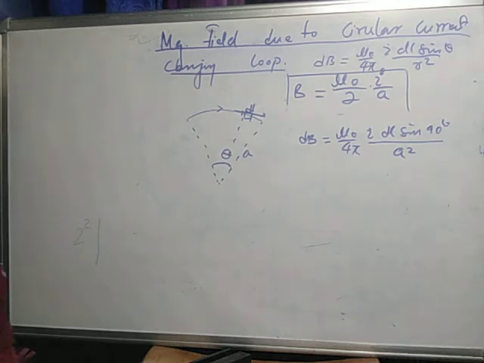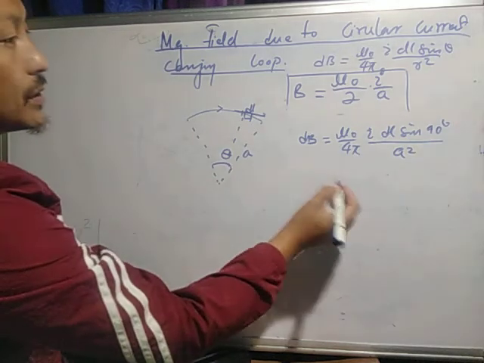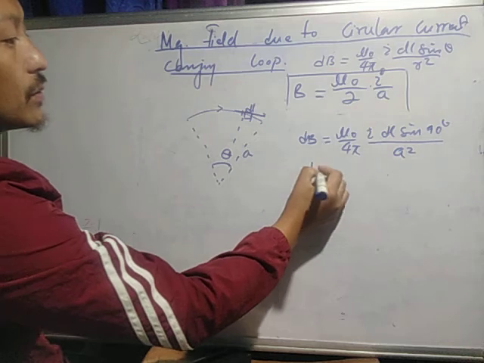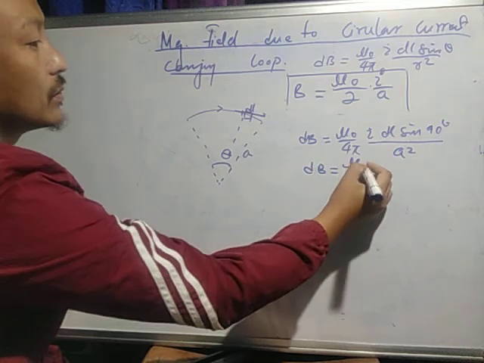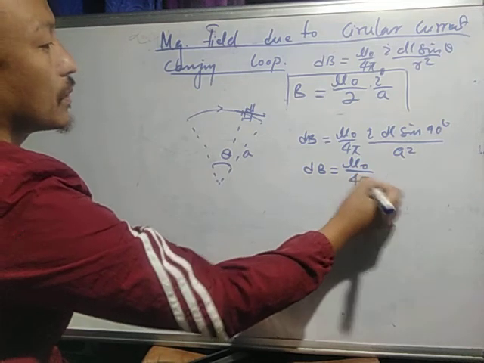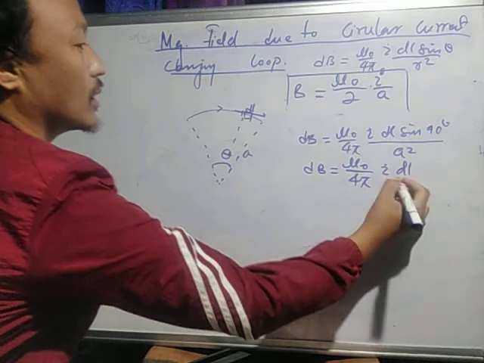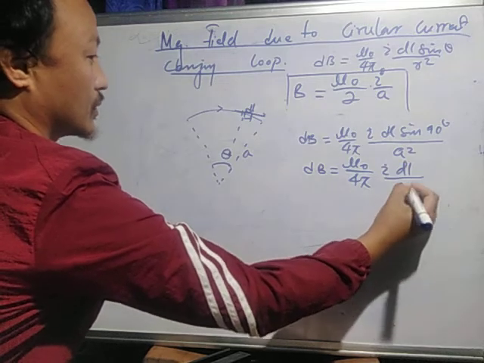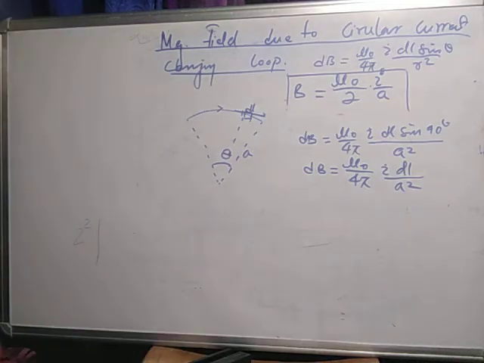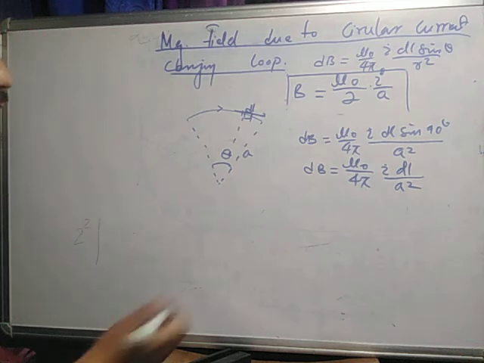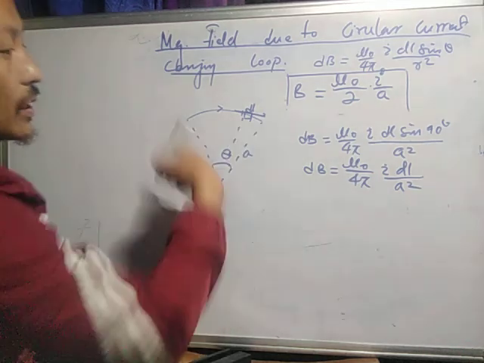Did you understand? Look carefully. So this is how much? Again dB equals to how much? Mu naught by 4 pi I dl 1 by a square. Right. Now you have to integrate it. To get the total, you have to integrate.